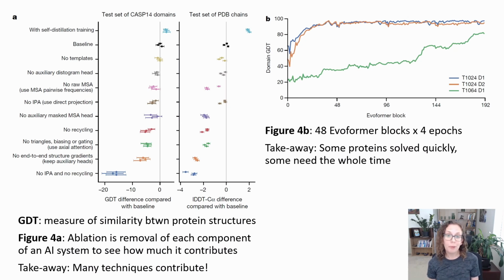Blue and orange were simpler proteins, and AlphaFold got it right after one iteration through. And remember, there are 48 blocks, so getting to 48 is kind of one epoch. But some of the more complex ones, it really did need all 4 to get a better score, and that's what's going on with the protein graphed in green here. So they did need the whole time for this.